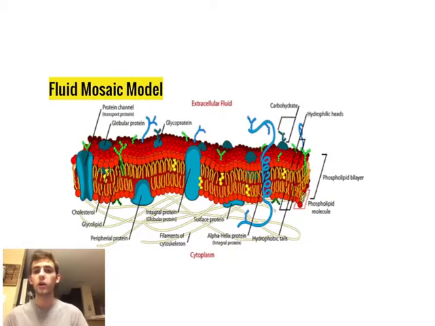All of these are involved in cell communication and cell recognition. An example of the importance of these is that this is the way our white blood cells have targeted cancer cells.